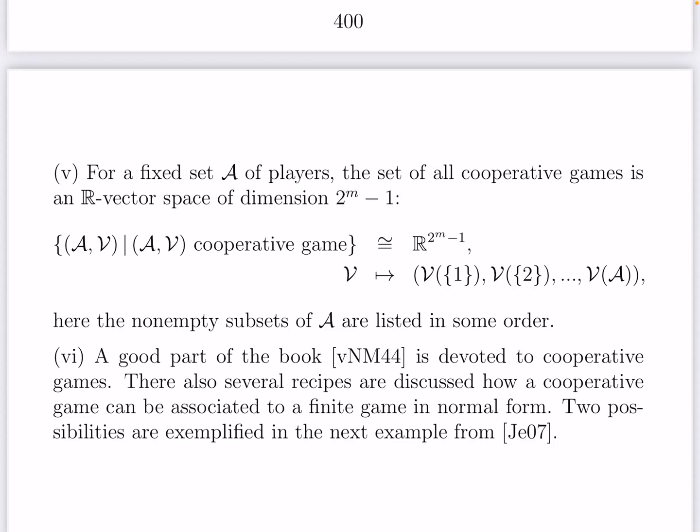The association of such a vector to any cooperative game is very elementary. We just take the tuple of the coalition values in a suitable order. The coalition value of the empty set is taken out because it's 0 anyway, but the other 2^m minus 1 values are just listed, and this gives this vector of real numbers.